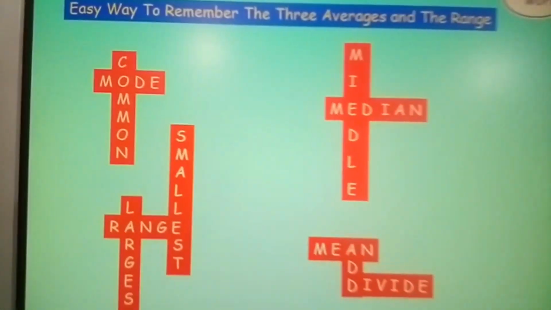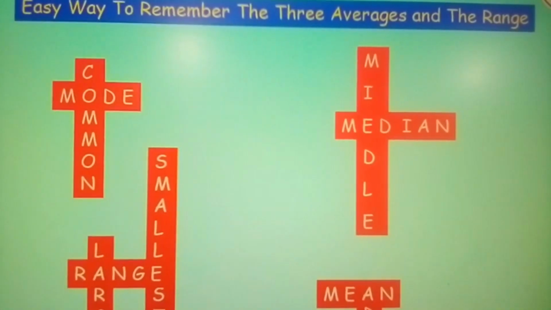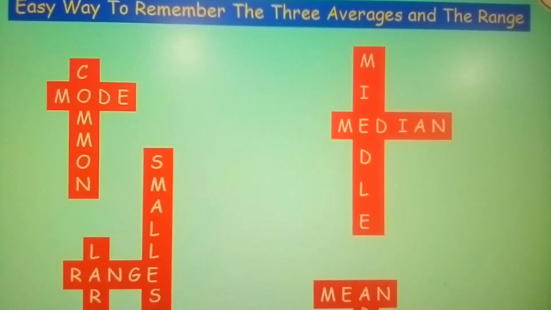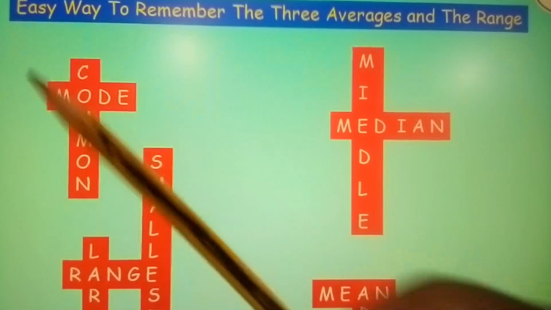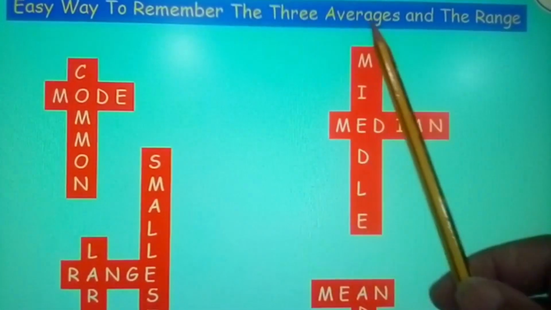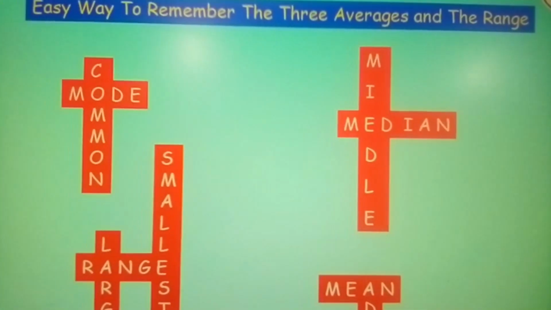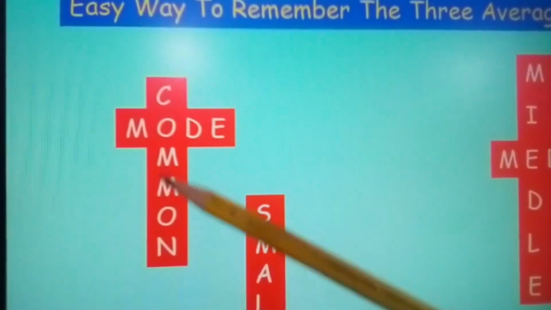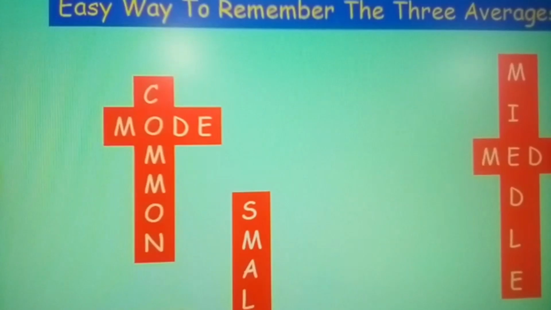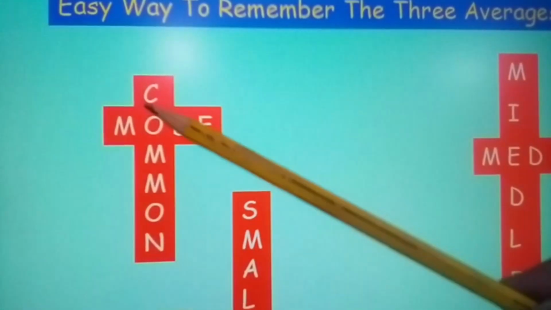Now, I look at this as an easy way to remember the three averages and the range. Common, mode. You'll see that we put this as a crossword.